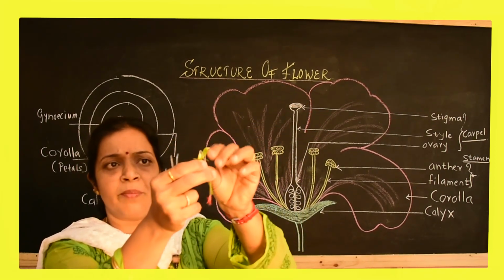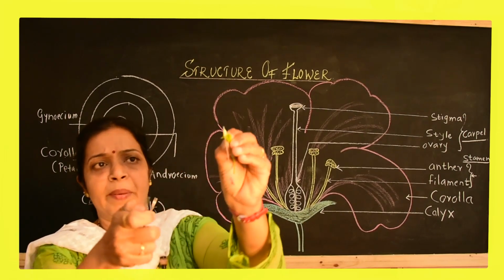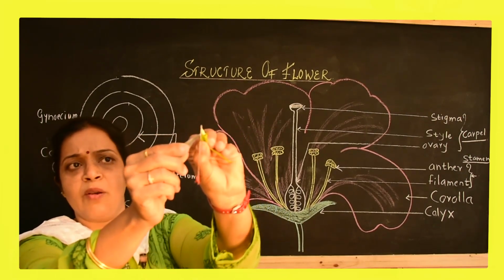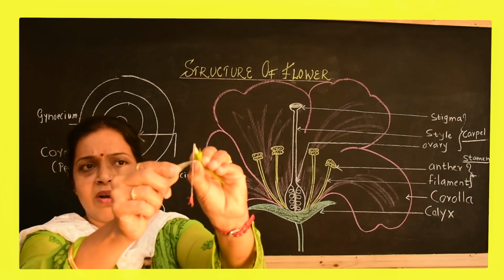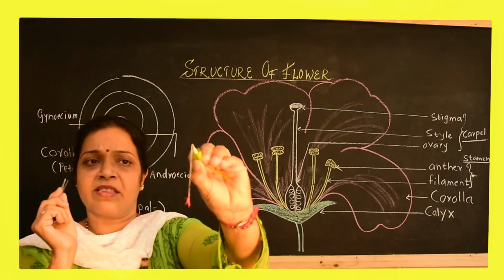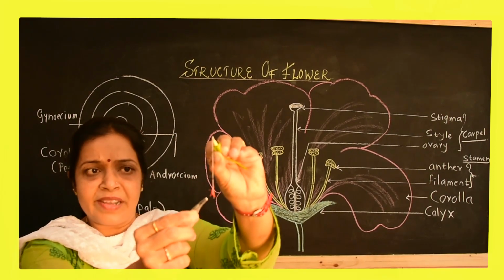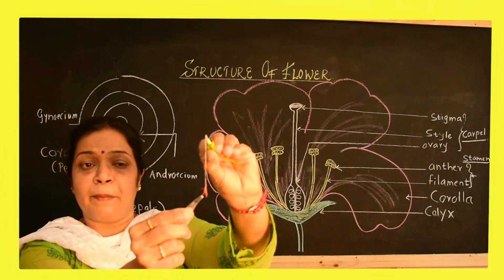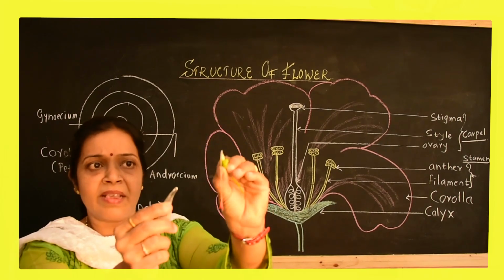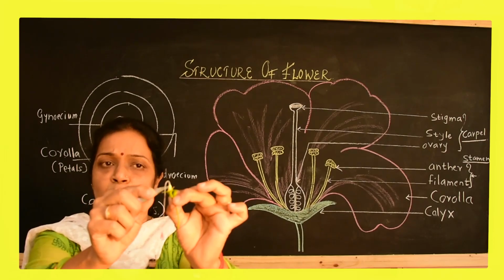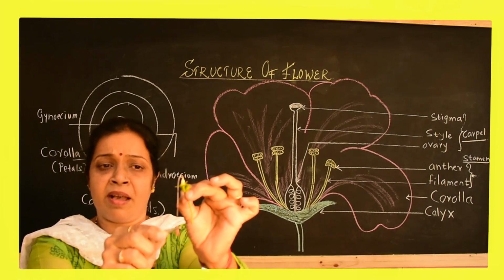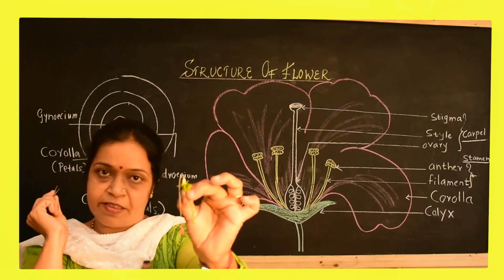This gynoecium, you can see that at the base there is ovary which is slightly swollen, which is having a long slender style, and then it terminates into a red color pentangular stigma. Thus, this is the carpel or gynoecium part having ovary, long slender style and the stigma.